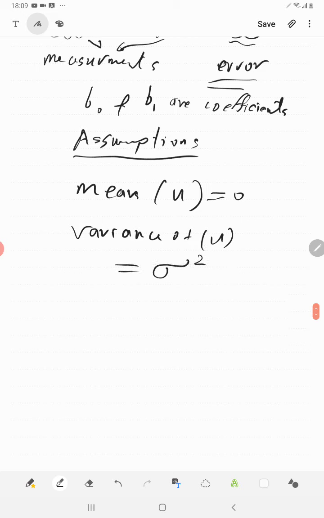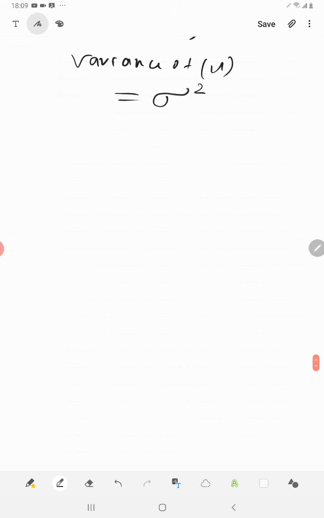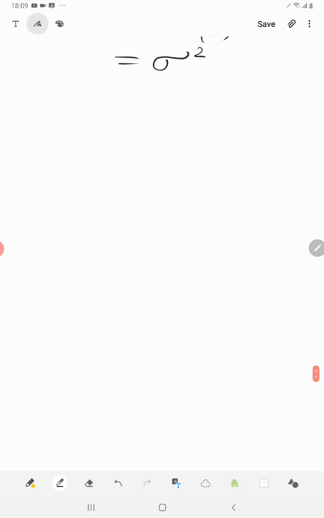Now we'll come to this later. In your notes, you'll find out how we determine these coefficients, but I'll give you here a general framework that you can apply, in matrix form, if you have many parameters and many measurement points.